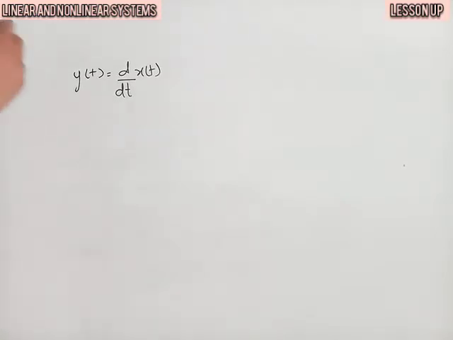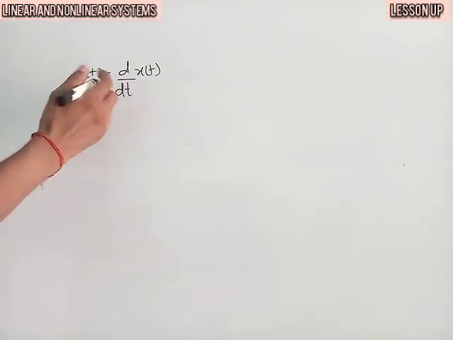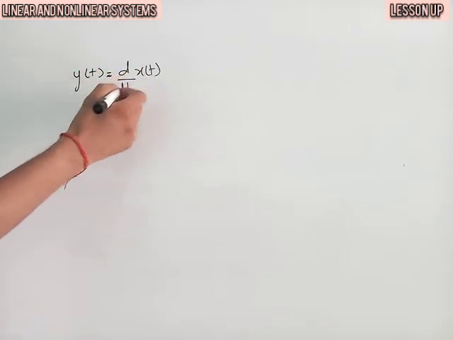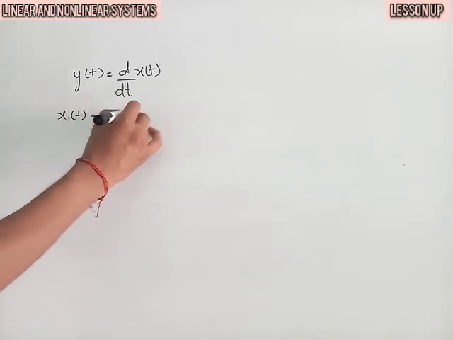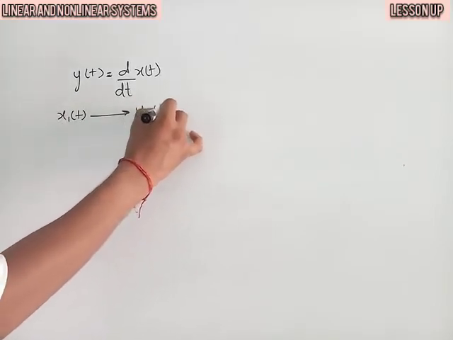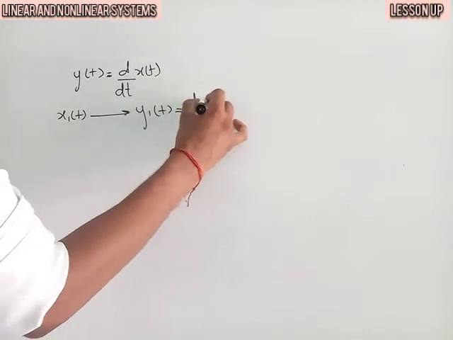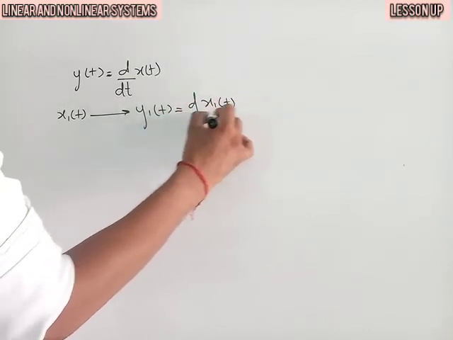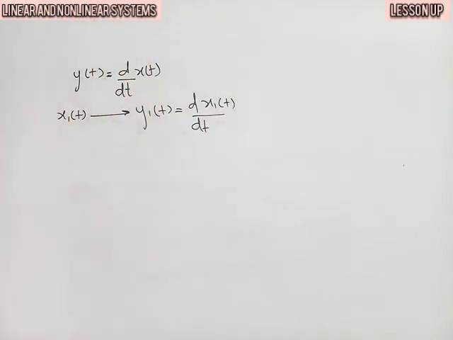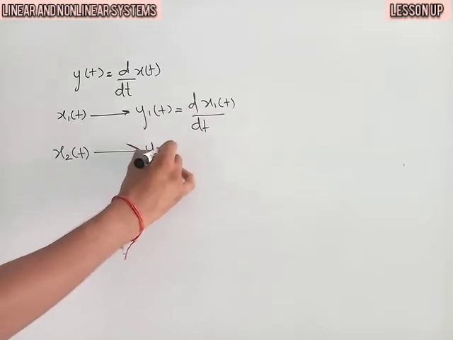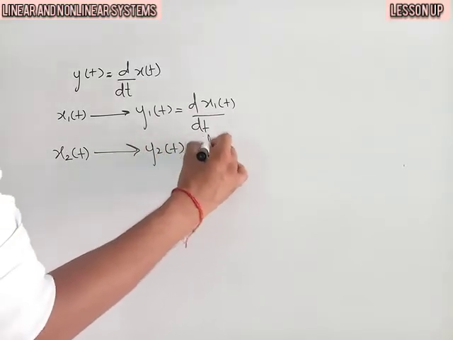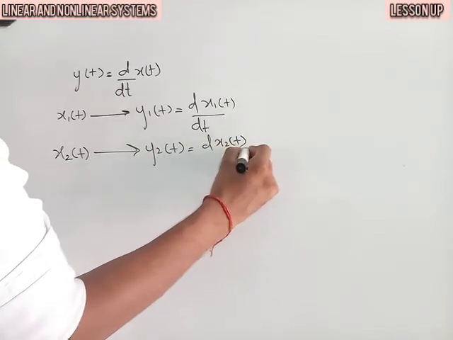We will see one more question, that is y of t is equal to d x of t by dt. If we put input x1 of t, we will get output y1 of t, which should be equal to d x1 of t by dt. Next, if we give input x2 of t, we will get y2 of t, which should be equal to d x2 of t by dt.